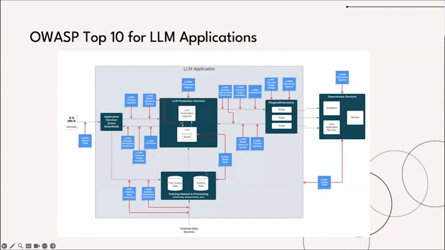What you see here is the training data. And the OWASP group decided to include this mainly because there are a lot of attacks on the training data as well, right? You can imagine a malicious actor inserting malicious text into the training data and therefore changing the behavior of an LLM.